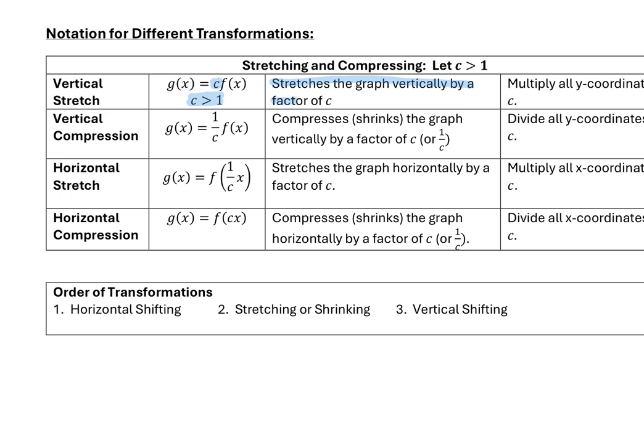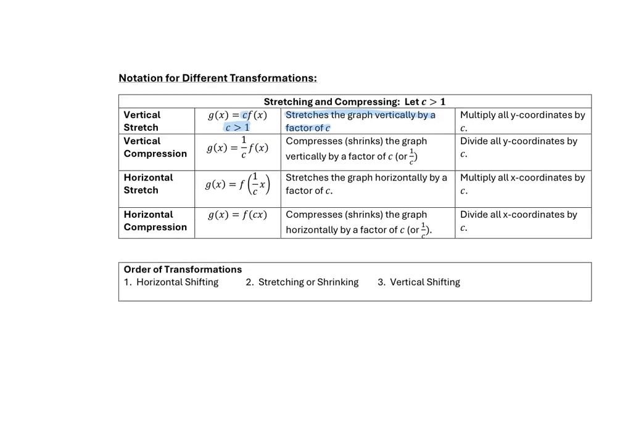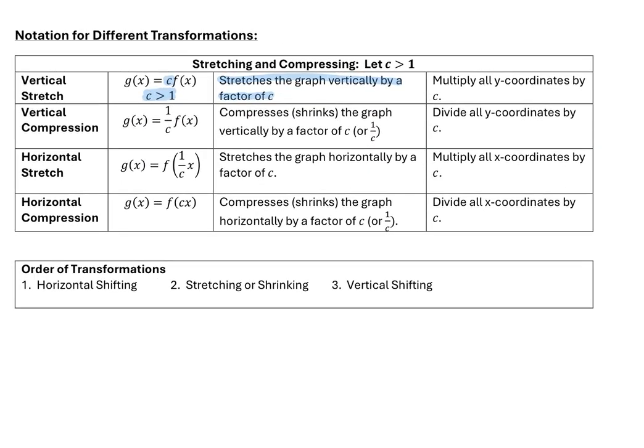So basically, we take all the points that are not on the x-axis, and we're going to multiply them by whatever our stretching factor is. So we multiply all y-coordinates by c. And again, if you multiply the y-coordinates on the x-axis by c, well, they stay exactly where they are because they are zeros.